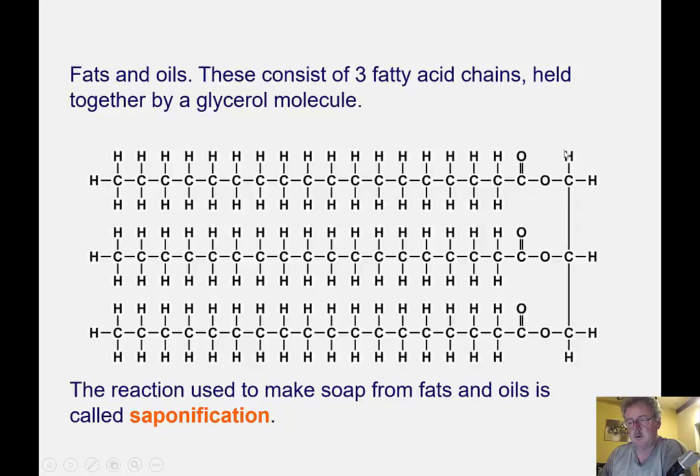C double O. When you remove this part, it leaves a minus, which makes this whole section a minus ion. That minus ion, one minus, can then attach to a sodium or a potassium positive ion to produce the salt of a fatty acid. In this case, it's a triglyceride. There are 3 fatty acids attached to glycerol.